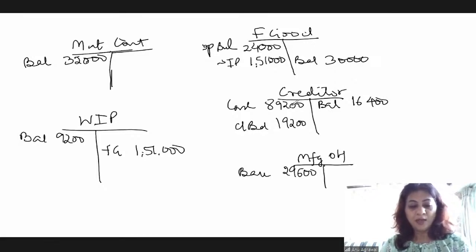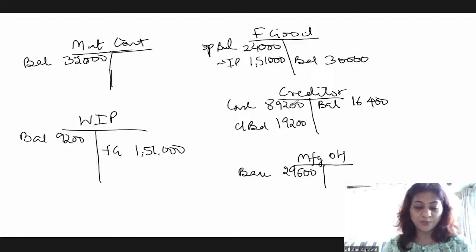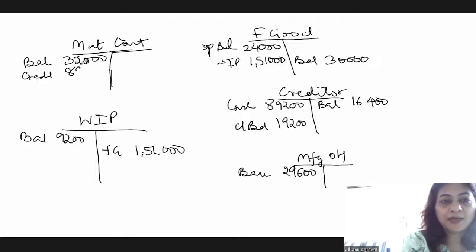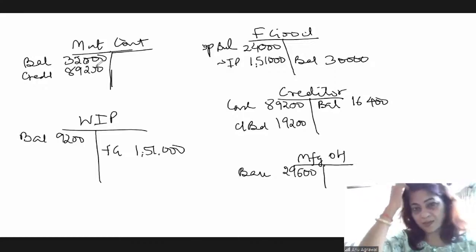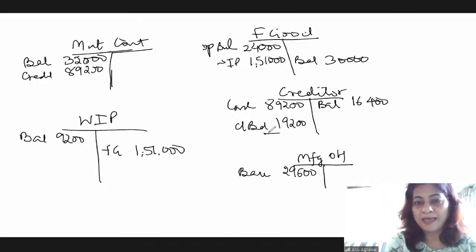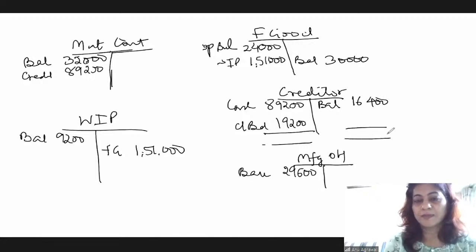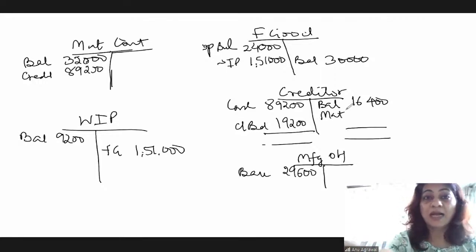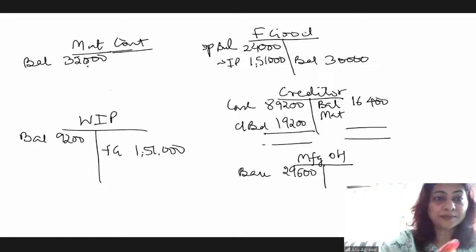The job card shows 89,200 worth of raw material. Is this the right thing? No. I need to balance it. After balancing, I come to know how much raw material I must have purchased. I can't put this figure.